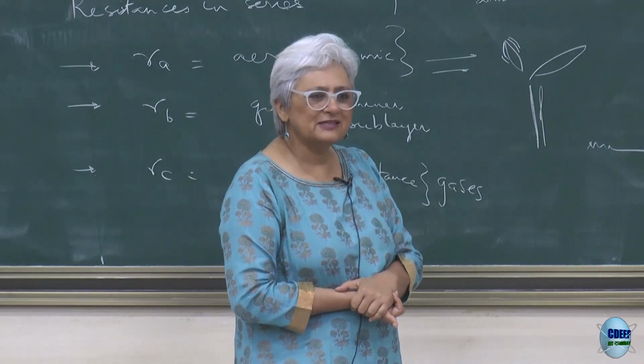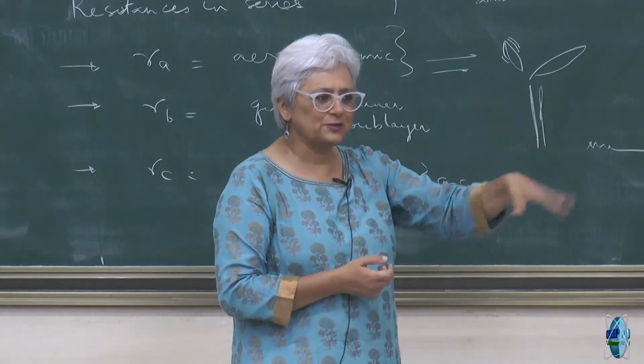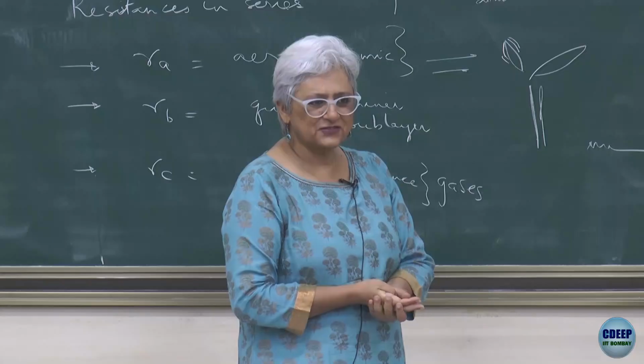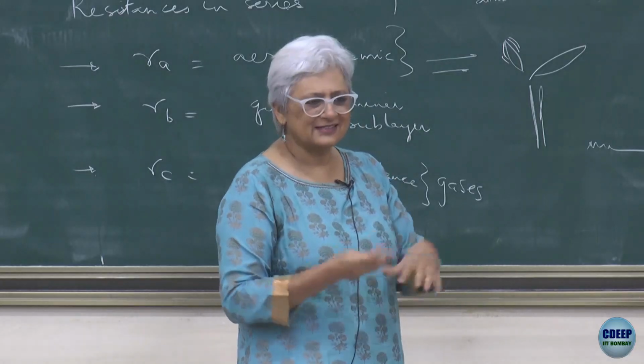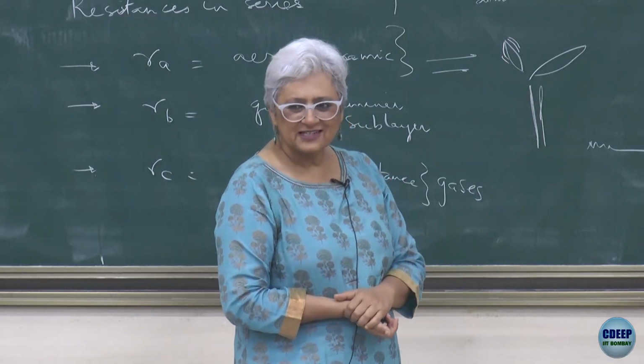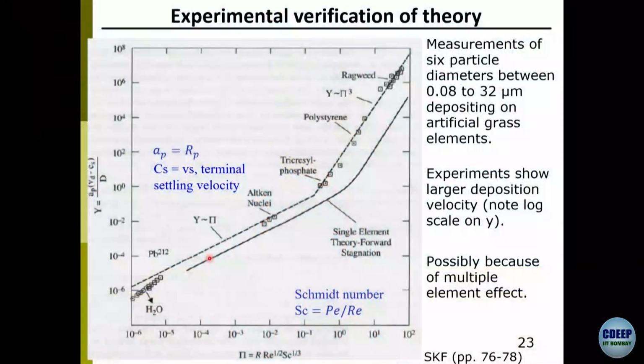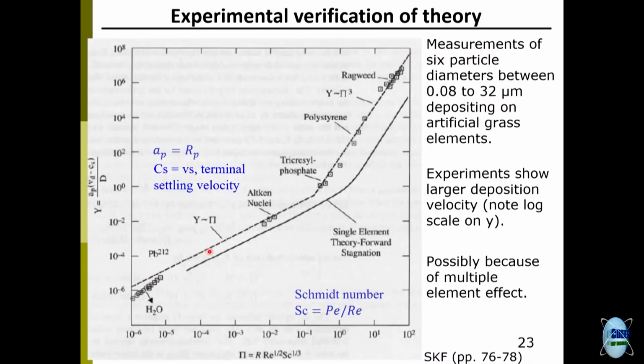Typically, the hand-wavy argument that's given is multiple element interference or something like that, and they'll just say that and leave it. But it's not a small factor. We're really looking at a factor of 10 or even a factor of 100 difference from the theory in terms of the actual deposition rates being much larger.